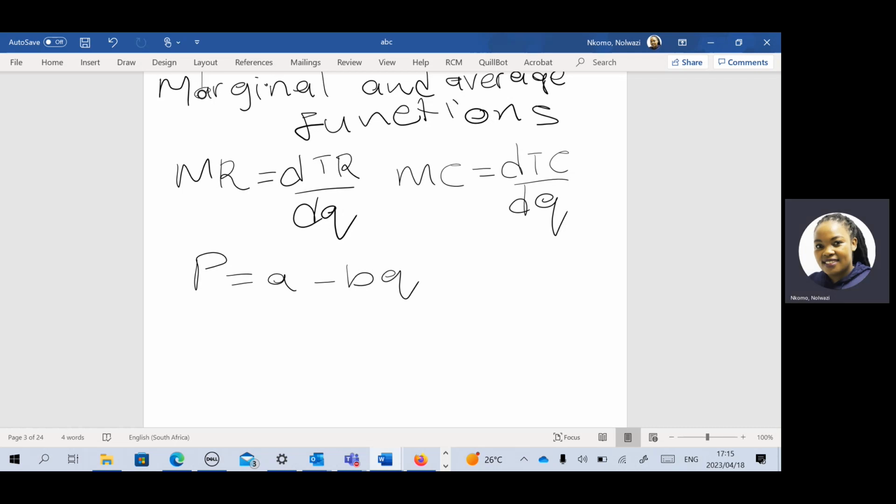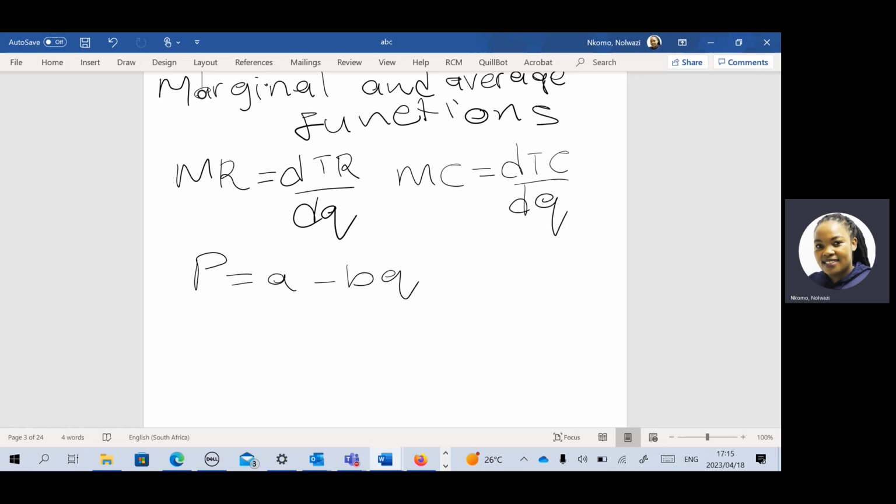Remember, we said the derivative of the total revenue is the marginal revenue. So to get the marginal revenue, you need to first find the function that represents the total revenue, and then differentiate that function to find the marginal revenue.